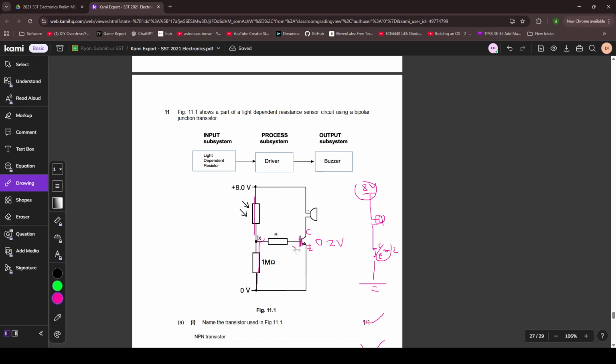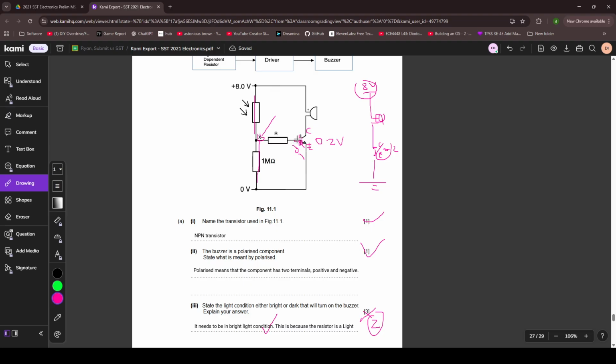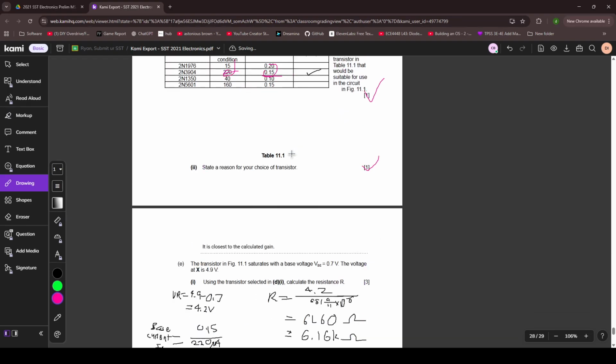VBE is 0.7 volts because, just fun fact, or not fun fact, you need to know, it's a diode. Here we have the voltage, and then we know the current here.